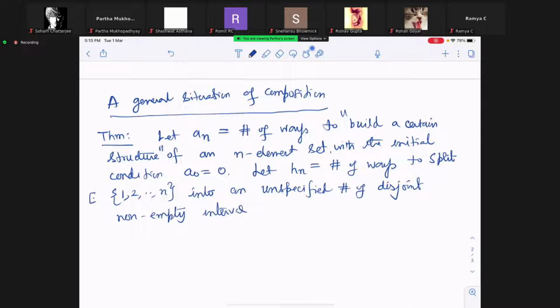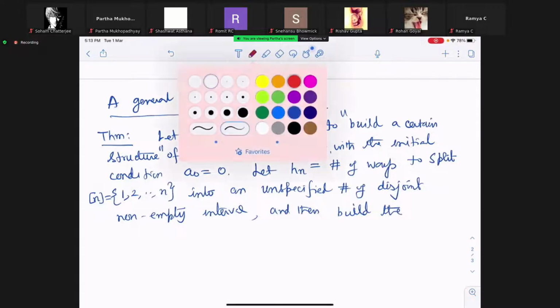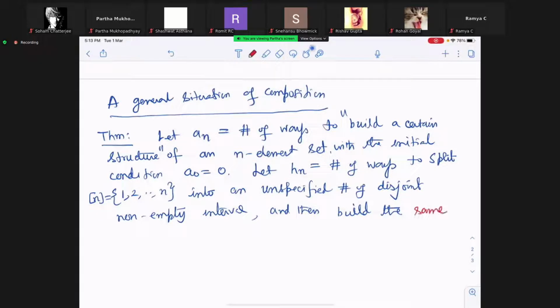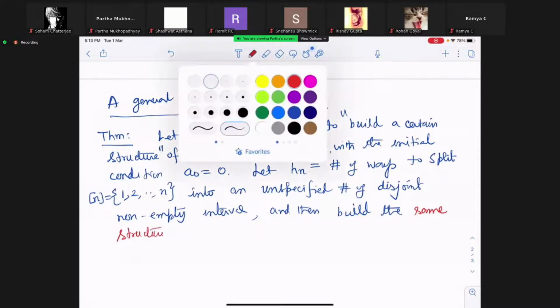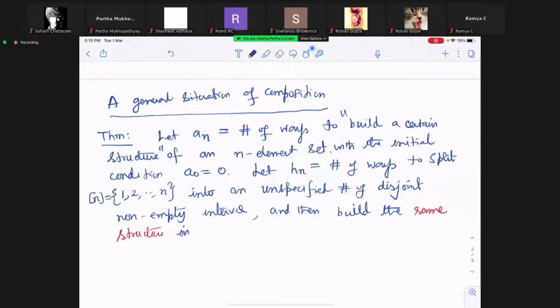As usual, we denote this by box n, and then build the same structure in each interval. I just give you an initial condition, assume A0 equal to 1.